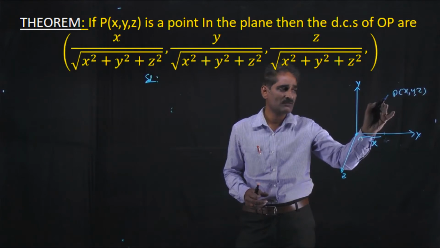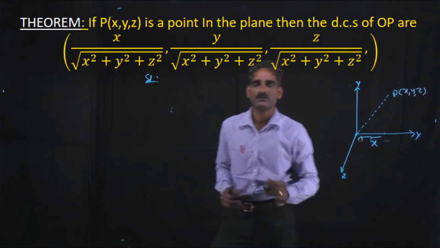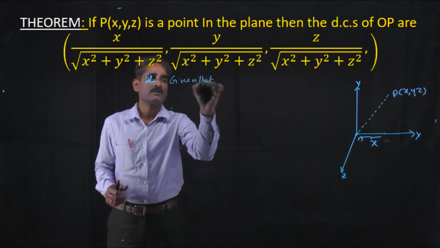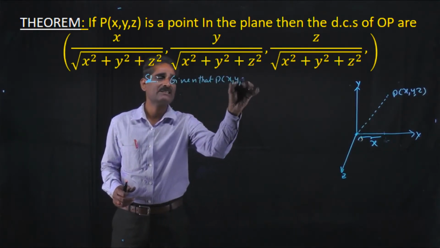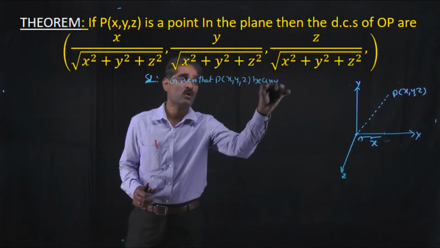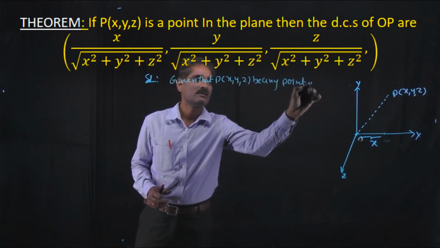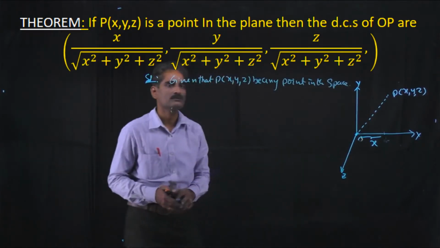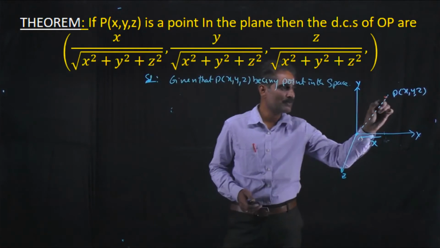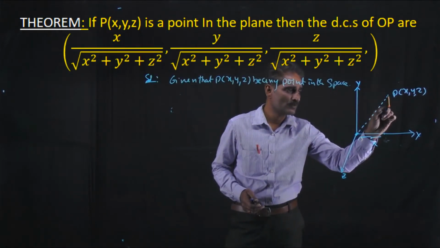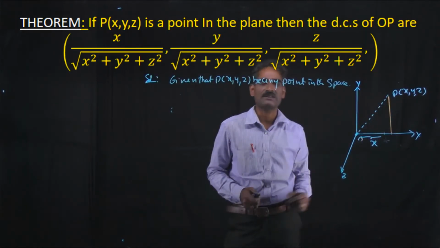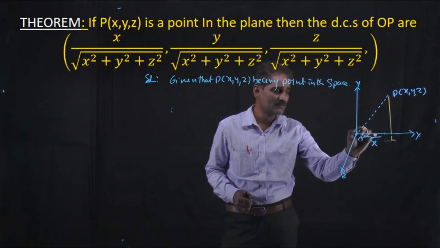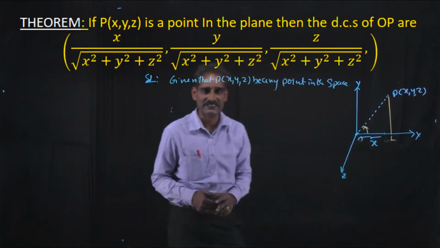Join O and P. Given that P(x, y, z) is any point in the space or plane, draw the perpendicular from P to the x-axis. Let the intersection point be L.